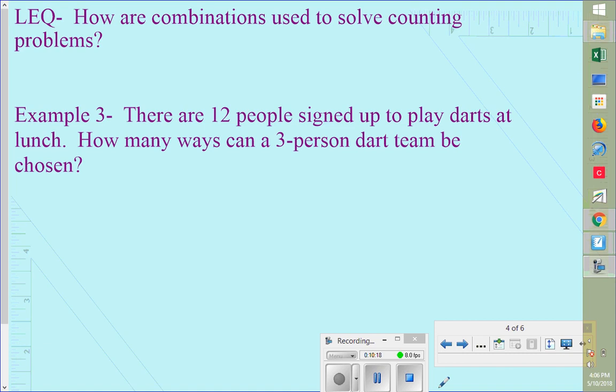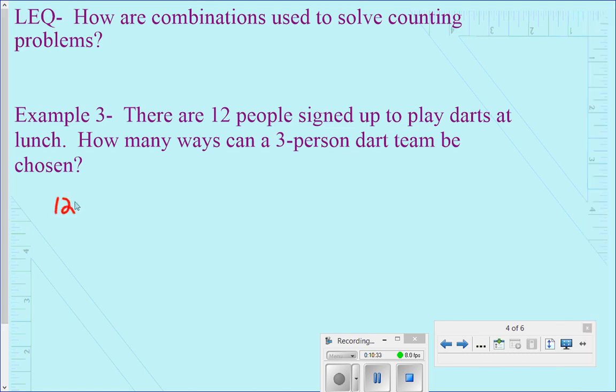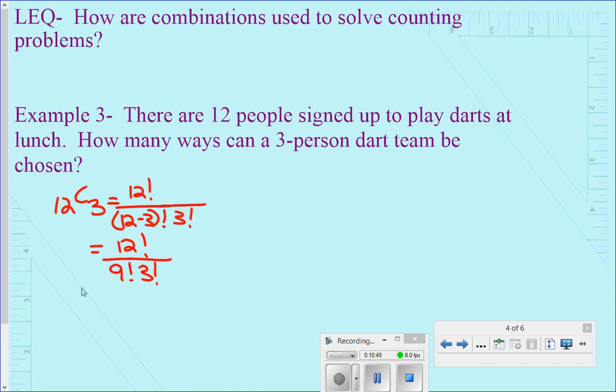So next example. 12 people signed up to play darts, and how many ways can a 3-person dart team be chosen? People can't repeat, and the order here doesn't appear to matter. They're not being put in specific positions. So again, a combination, 12C3. I don't know 12P3, so I'm going to do 12 factorial divided by 12 minus 3 factorial times 3 factorial, which is 12 factorial over 9 factorial times 3 factorial.